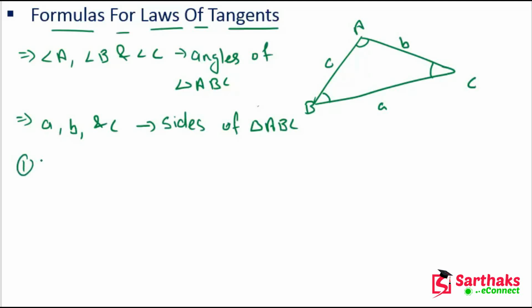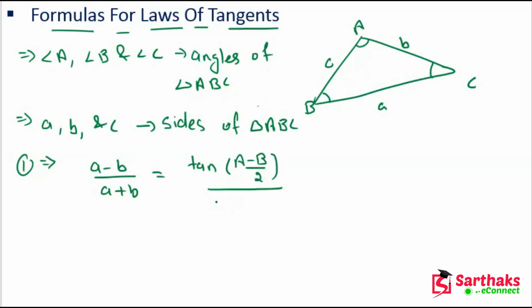The first relation is (a minus b) upon (a plus b) is equal to tan((A minus B) divided by 2) divided by tan((A plus B) divided by 2).